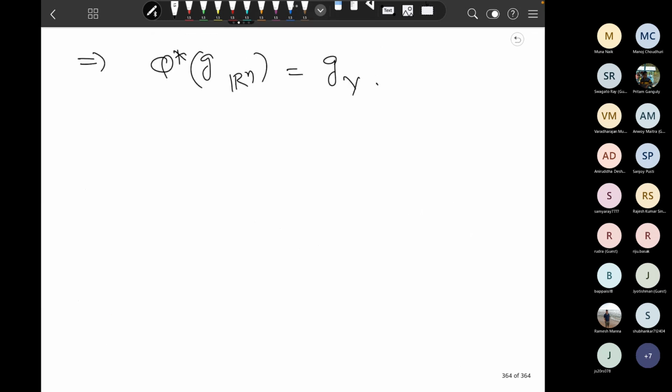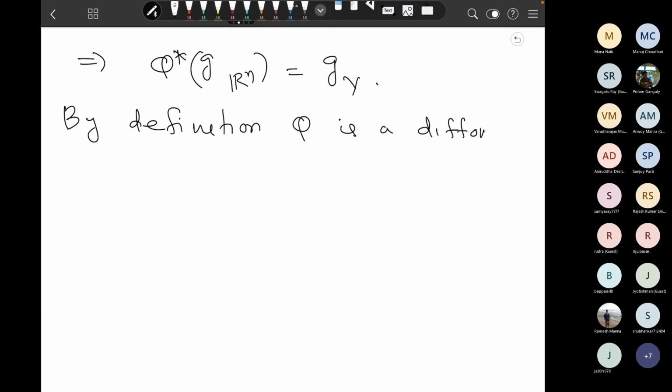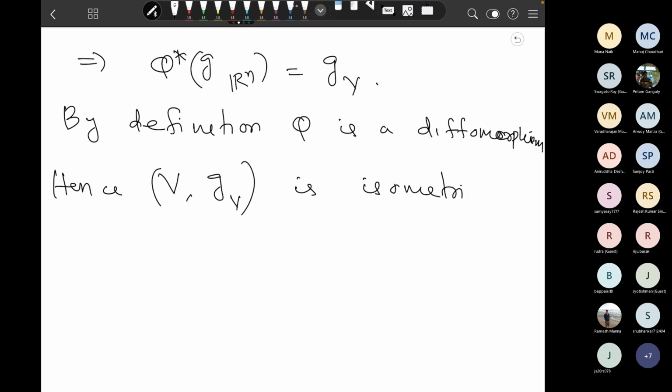So by definition, phi is a diffeomorphism. Hence V, GV is isometric to Rn, G Rn.